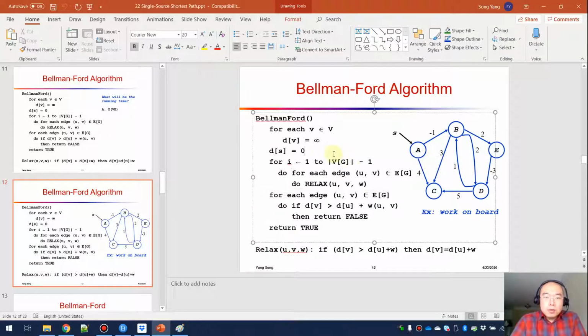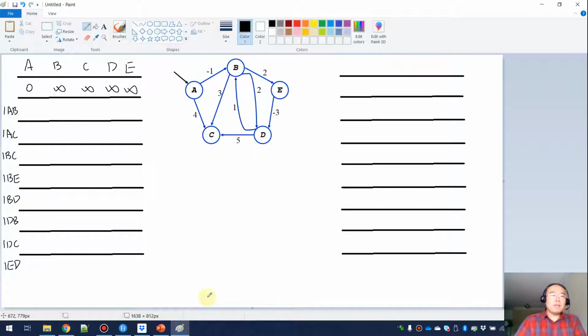Okay, so we start from the first part. In the first iteration, we set d for each of the vertices to be infinity, and for the source, that is 0. We have a total of 5 nodes A, B, C, D, E, right? So for A, that is 0, and for B, C, D, E, they're all infinity.